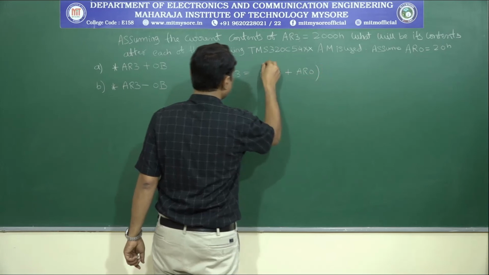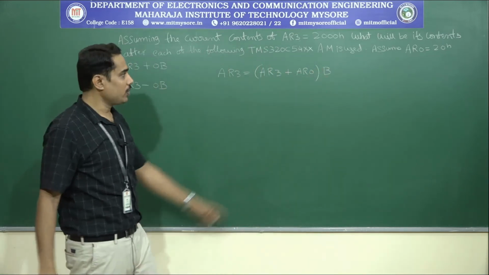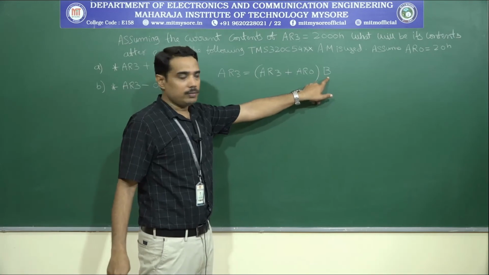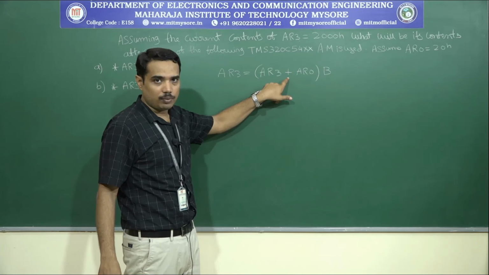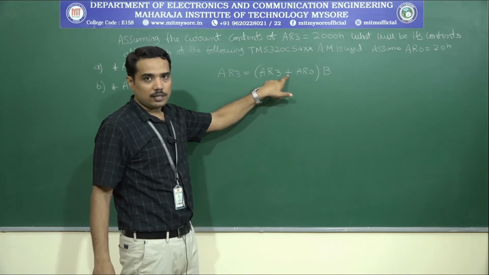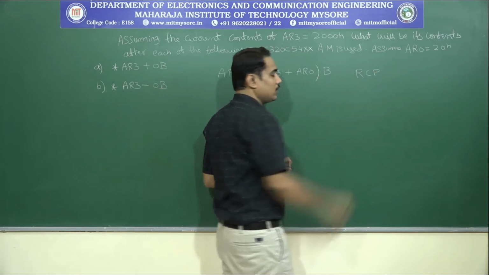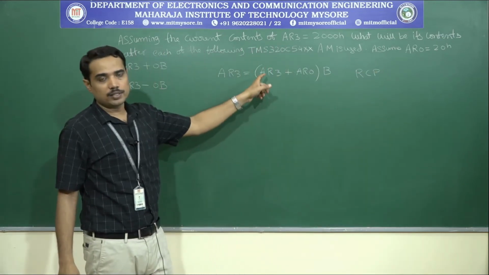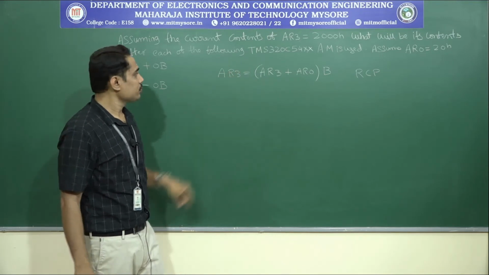If you write B here, that means while performing this arithmetic operation, take care of the concept of reverse carry propagation. That means the carry here propagates from MSB to LSB.